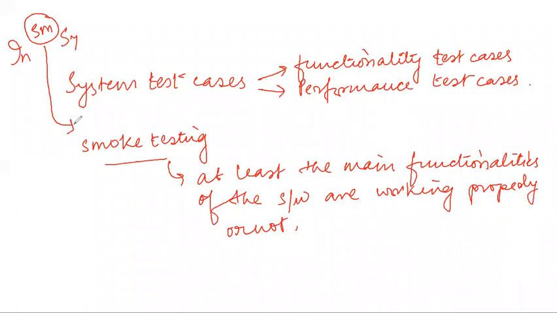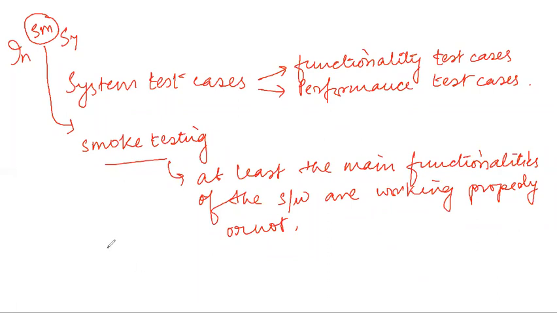If it is okay, then only it is passed through system testing, and if it is not okay, then the retesting will be done or the recoding will be done. Now these functionality tests are designed to check whether the software that is built is satisfying the functional requirements documented in the SRS document.